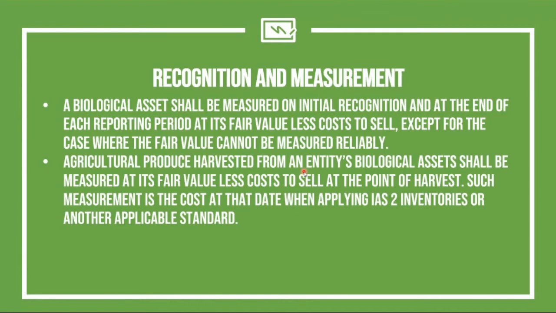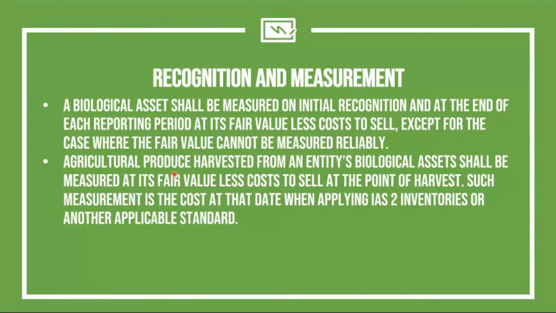Cost to sell will be irrelevant. In this case, for biological assets or those covered by IAS 41, the fair value less cost to sell is the basis of the subsequent measurement. Of course, again, except for the case where the fair value cannot be measured reliably.